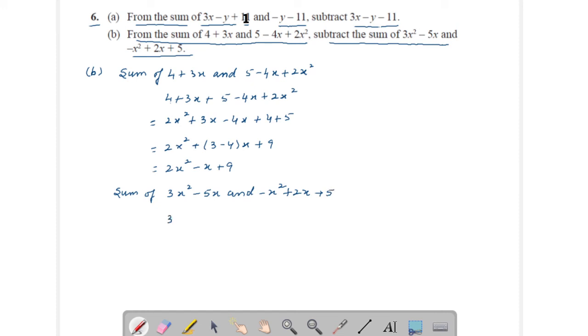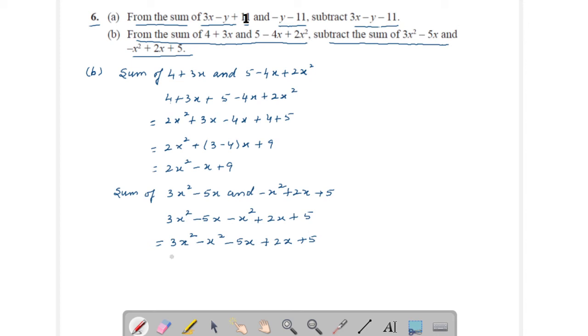Therefore 3x square minus 5x minus x square plus 2x plus 5. Now collect the like terms. It is 3x square minus x square minus 5x plus 2x plus 5.